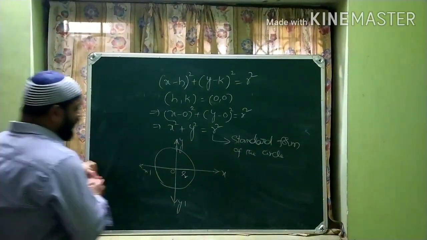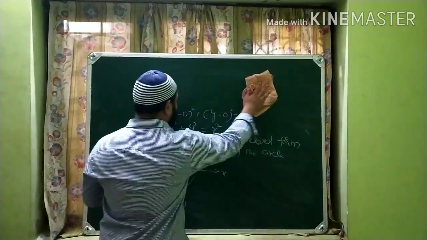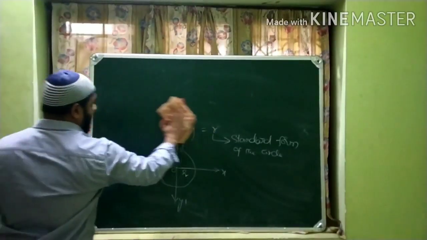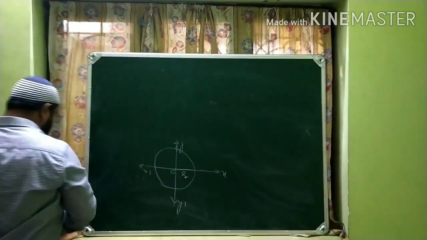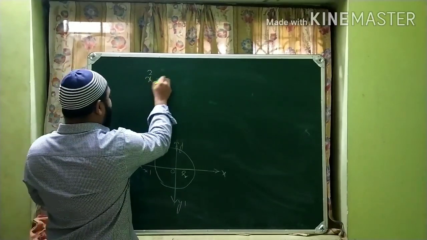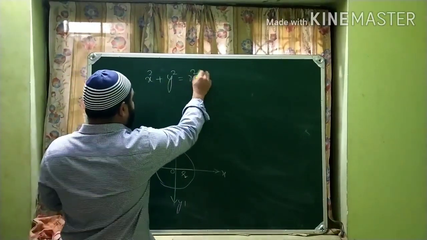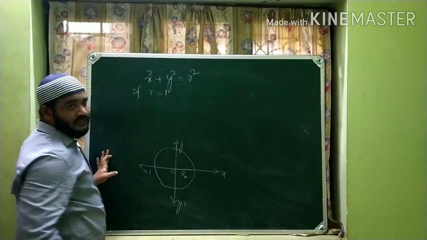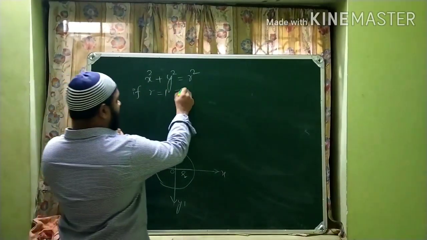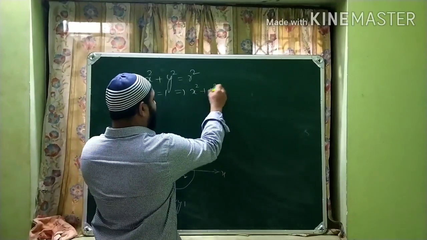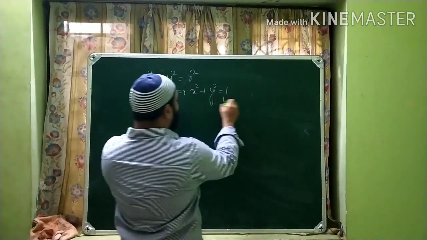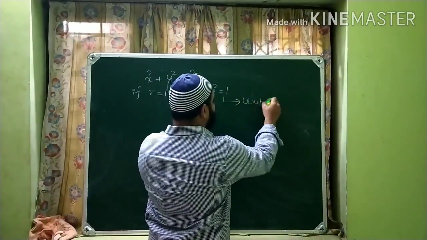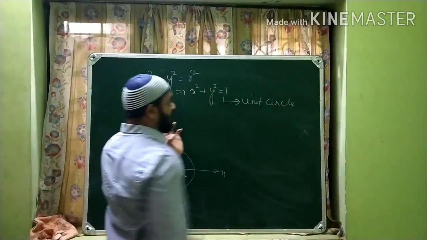So this circle is called the standard form of the circle. Now let us see x square plus y square is equal to r square. So if r equals 1, if the radius is 1 unit, then x square plus y square equals 1. This is called what?